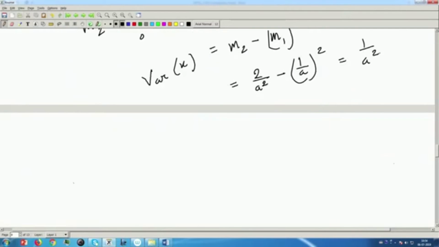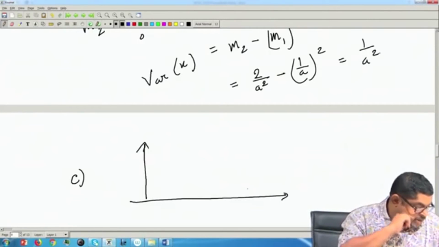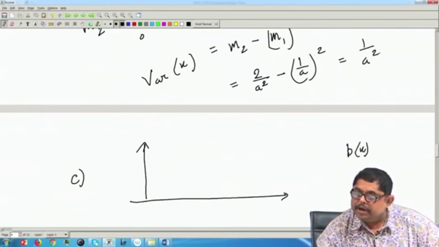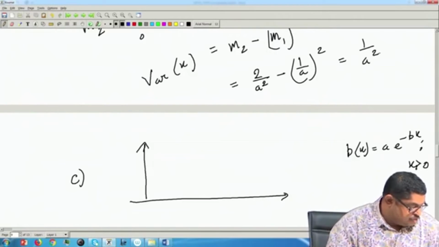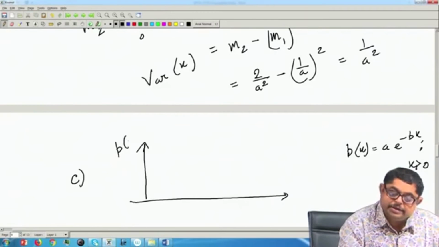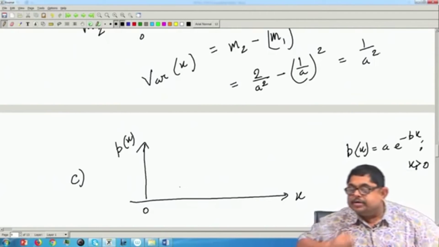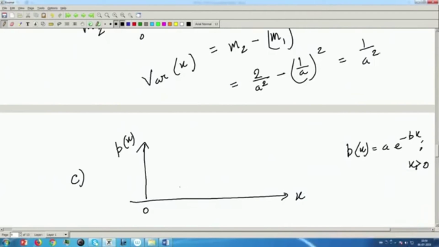Then part C is the sketch. You should be apt to sketch any given function. So, what was p(x)? Remember, p(x) was a e^(-bx), x greater than 0. If I asked you to plot p(x) versus x, it should start from 0, and at 0 what will be its value?